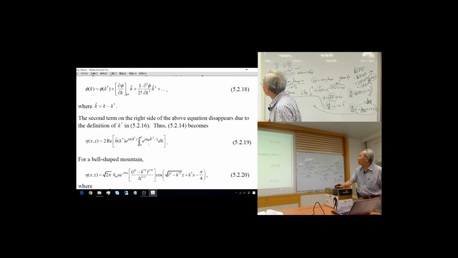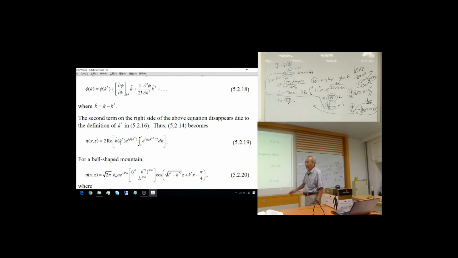And for the bell-shaped mountain, h hat is equal to h_m times a divided by 2, and then e to the minus ka. Then you can substitute in and get a solution.